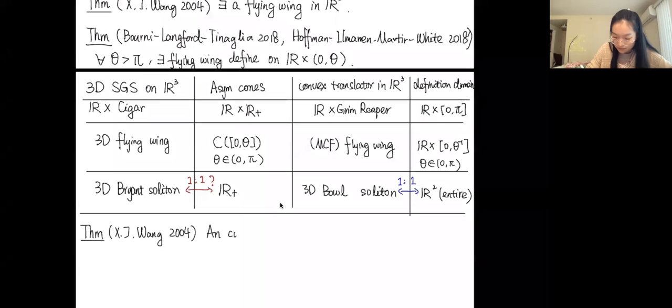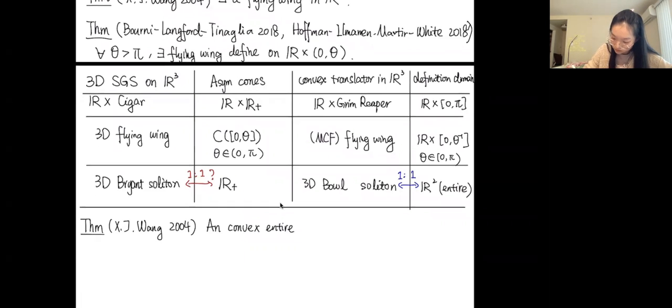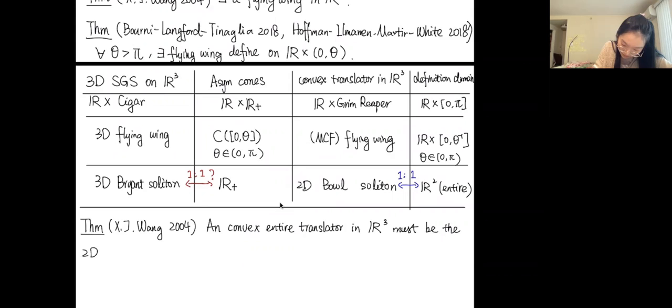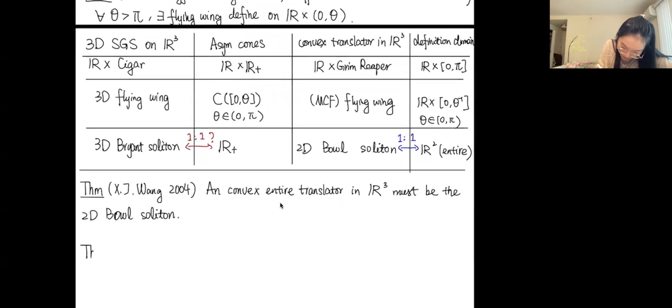So a convex entire translator in R3 must be the, oh sorry, I should not say 3D, that's 2D, sorry. It must be the 2D bow soliton. Now we'll be able to prove the analog of this theorem in Ricci flow.